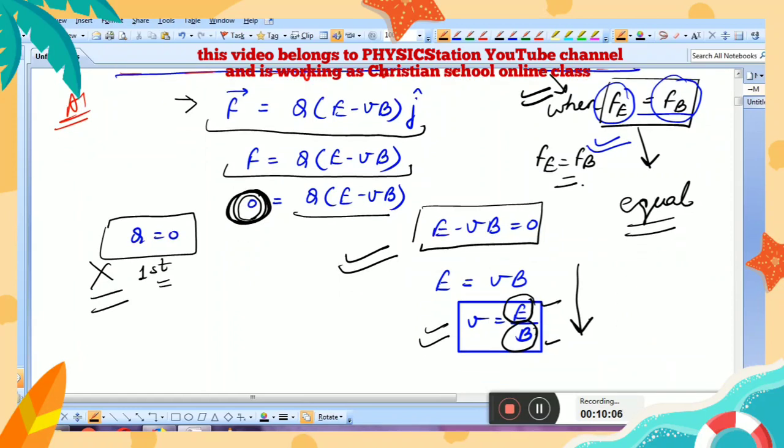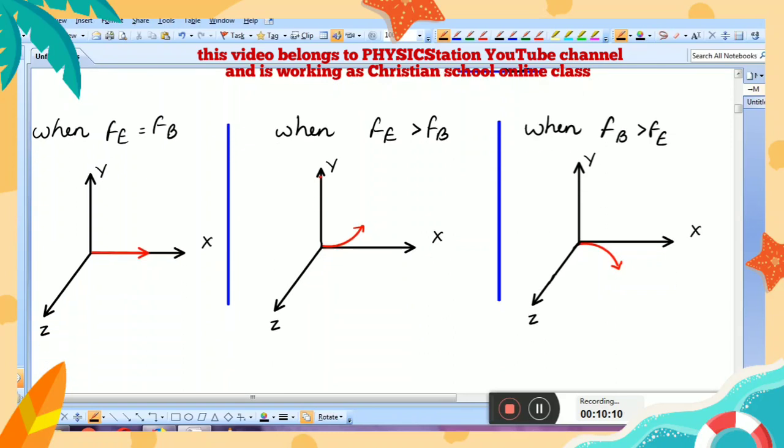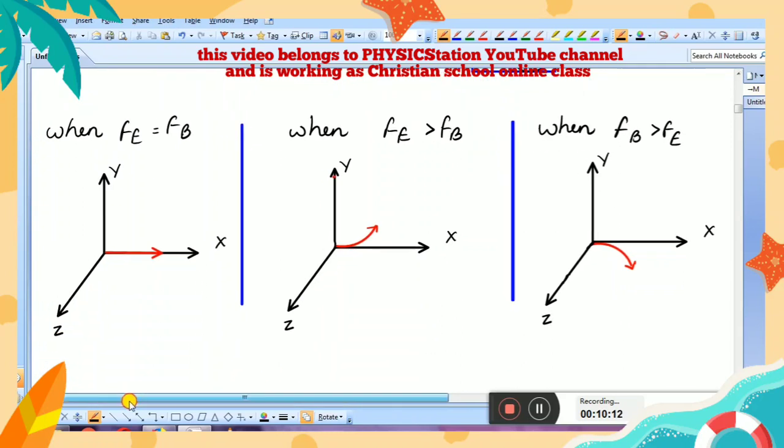Now let us try to see what will be the effect of this. If the net force is equal to 0, then how will it contribute to the motion of the charged particle? So I made these axes once again so that you can understand easily. You have seen electric force was working in positive y direction and magnetic force was working in negative y direction.